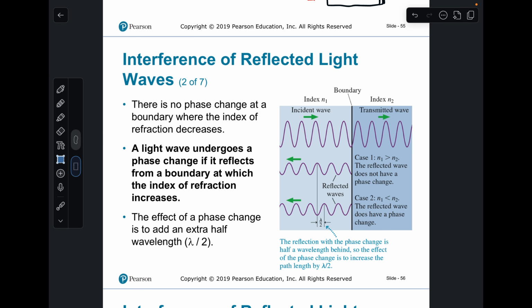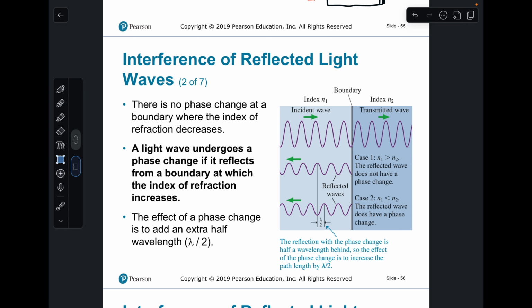So let me show you a picture. We have an incident light wave entering a material of a new index of refraction. Part of that wave is going to be transmitted, and it's going to continue going on its merry way. What happens to the reflected part depends.